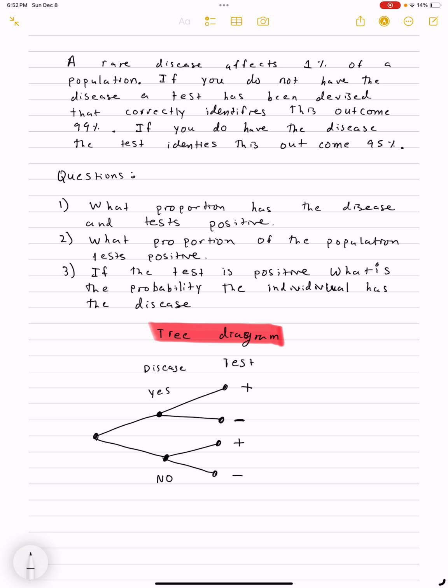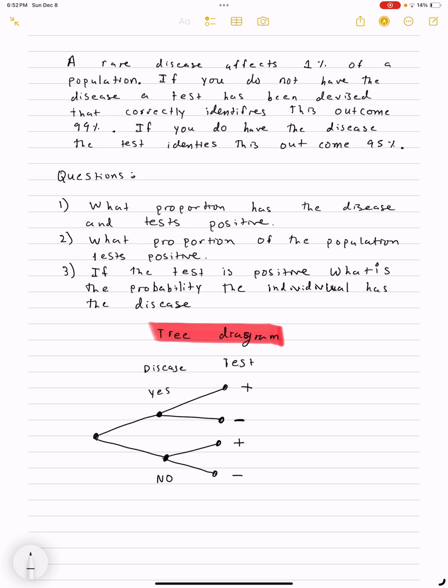Or we can not have the disease and test negative, confirming that we don't have the disease. And that's a good thing. It means we made the right decision. Okay. So here, we're told enough information to fill out the probabilities.